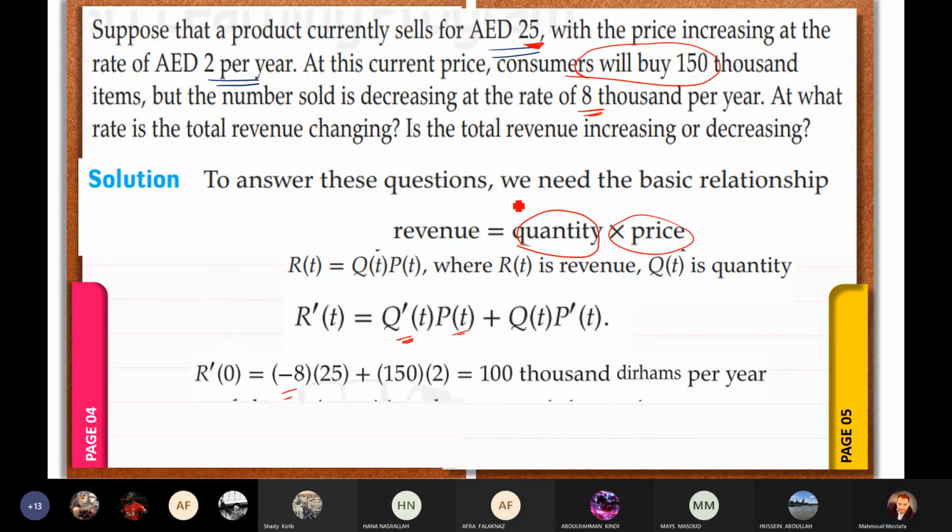And the rate per year was 2. So instead of P prime, I will put 2. Then after, find the answer and put 1,000 because it wants 150,000, as we said.